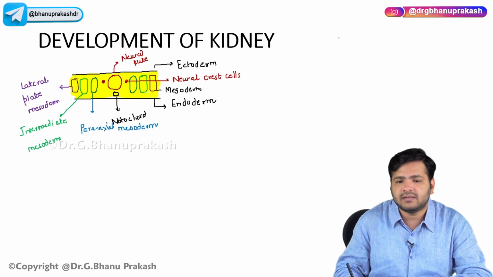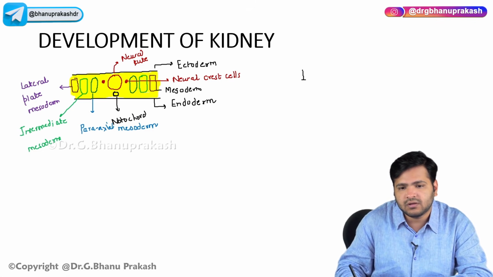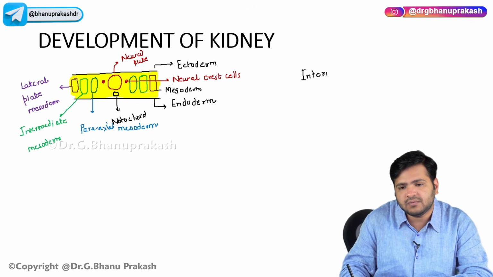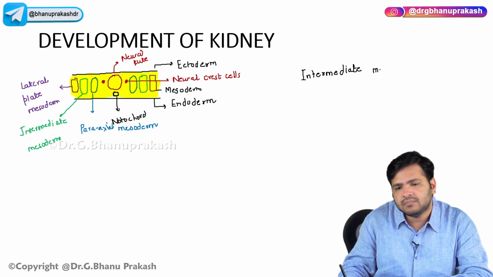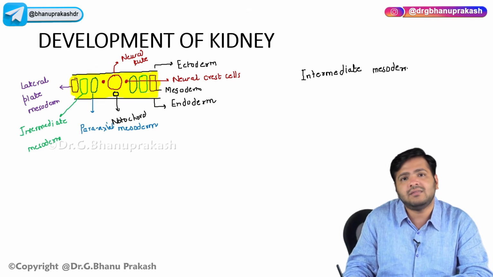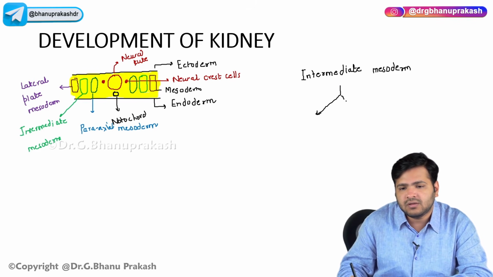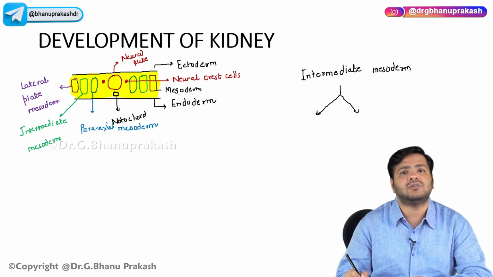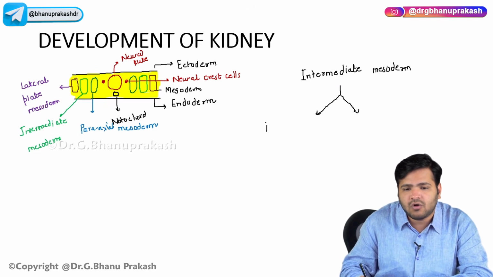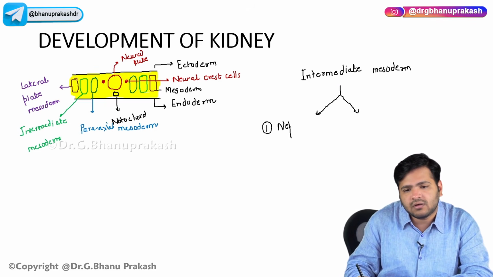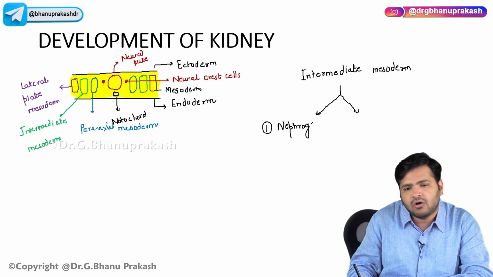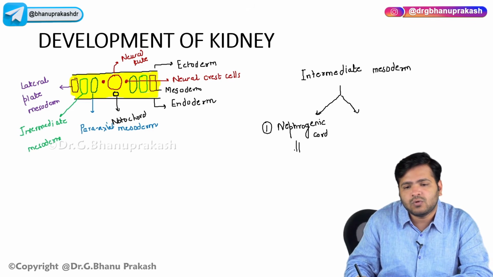Let us just make a flow chart over here. Let us suppose this is the intermediate mesoderm, and it is giving rise to two important structures that you have to remember. One is the nephrogenic cord, which will give rise to the kidneys.